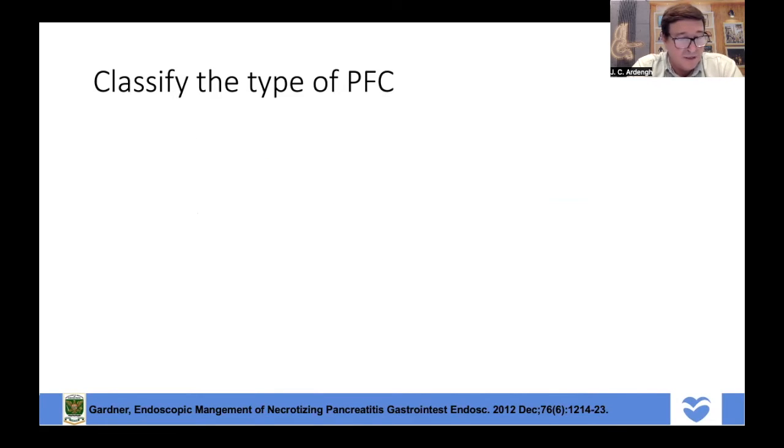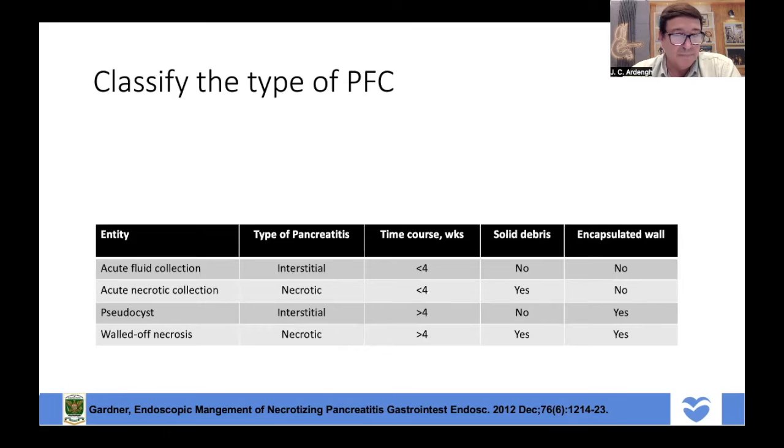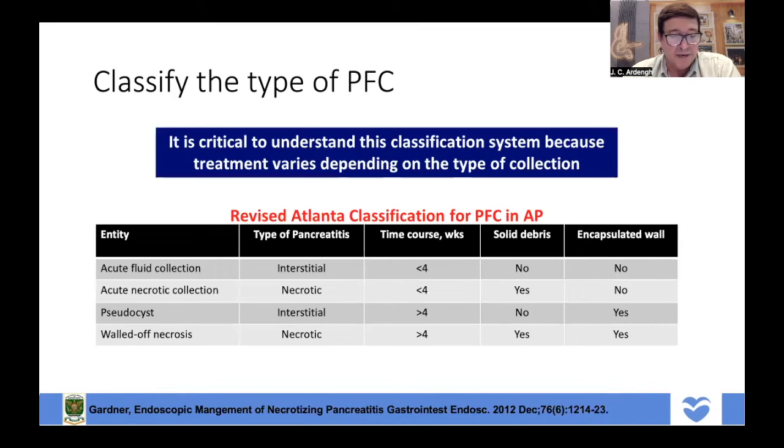That's why the radiological classification of pancreatic fluid collection is essential. This table shows the 4 types of pancreatic fluid collection that must be recognized by CT imaging. The first 2 should be treated conservatively when the patient's situation allows.